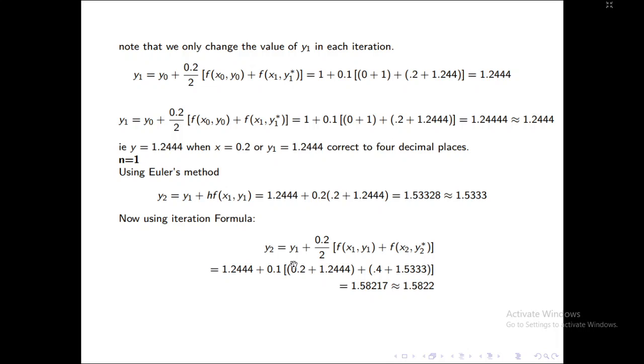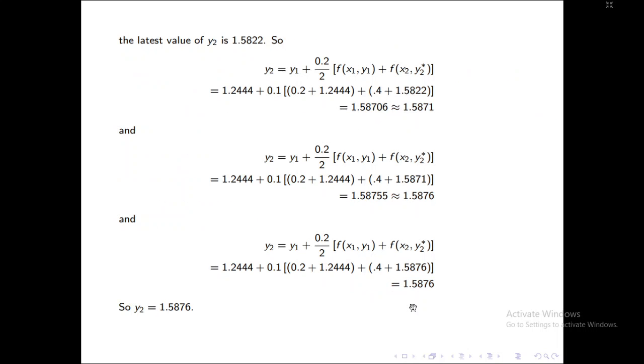Then it is y1, that is 1.2444, plus h by 2, that is 0.1, into f of x1, y1. x1 is 0.2, y1 is 1.2444, plus x2 is 0.4, y2 star, the value of y2 obtained in our last step, is 1.5333, and calculating the value gives 1.5822.